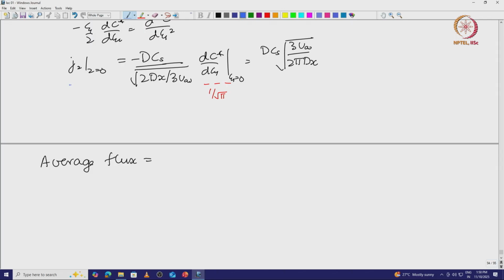Note that this flux is the flux at z is equal to 0 at a particular location x. If I wanted to calculate the average flux over the entire film, I have to take the average over all values of x, that is I will get this as 1 over L integral 0 to L dx times j z at z is equal to 0 at a particular value of x.